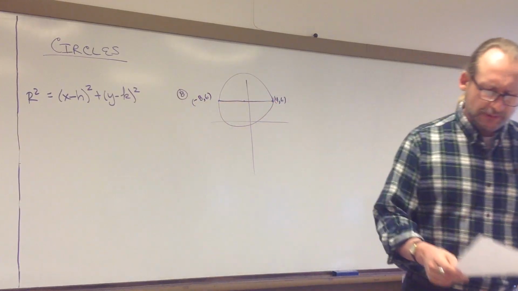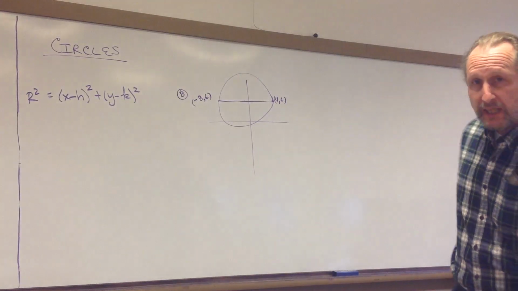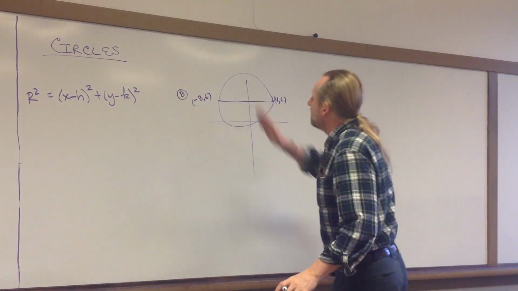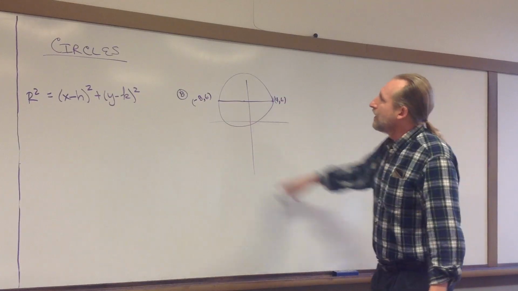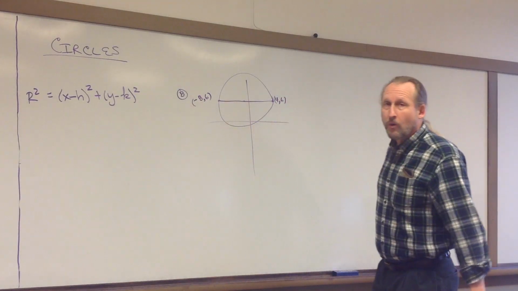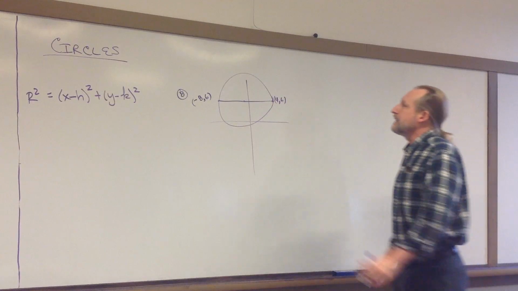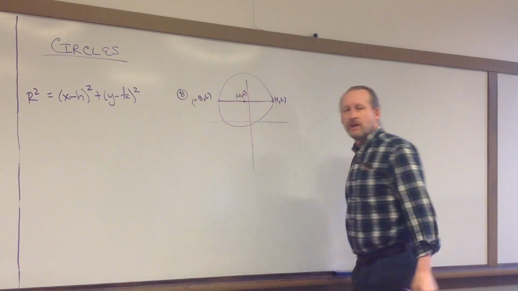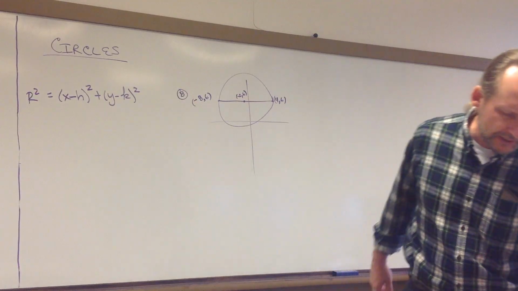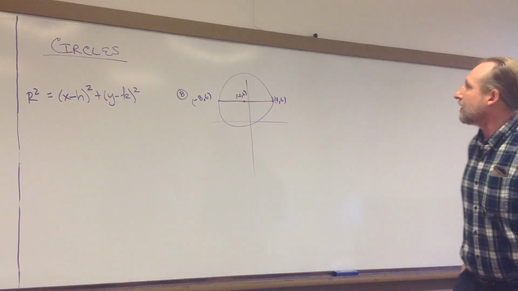Yeah, each line represents a diameter. That means the center of that circle is exactly halfway between these two. So if we take the average of negative 8 and 4, that should identify this point as negative 2, 6. And I think that matches up with what we see on the scale in the graph.